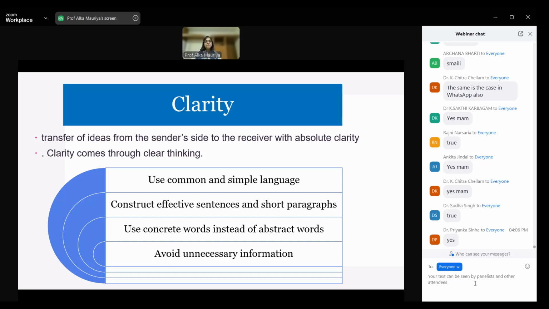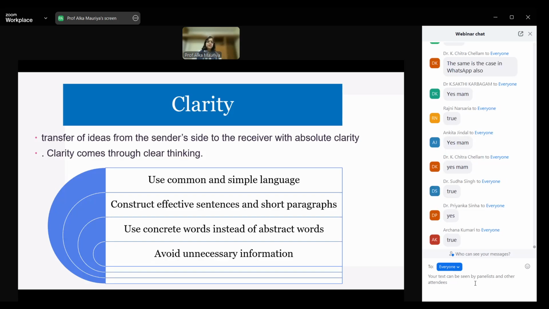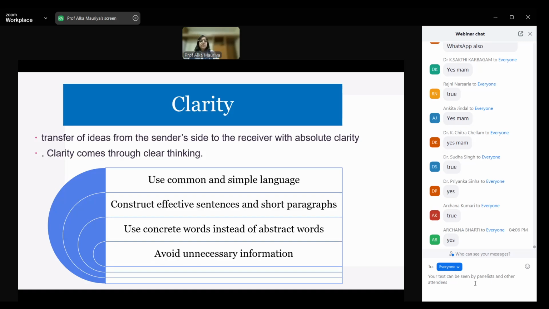So it is always better to have your presentations and your work in simple language, so that even if you're not there, the other person can understand it. Basically, your written communication should be such that the other person can understand it the same way even if you were not there. Right? Which is possible only if we use common and simple language.